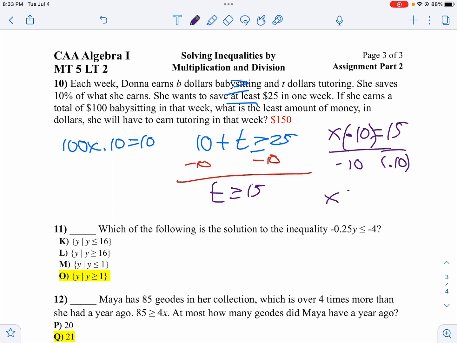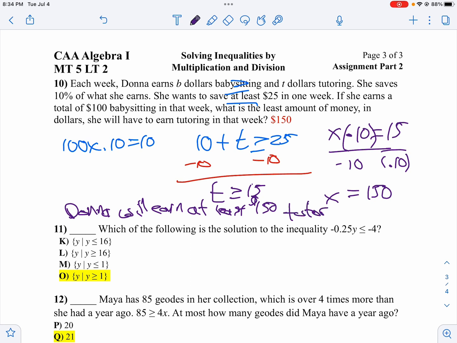So 15 divided by 0.10 is 150. So Donna will earn at least $150 tutoring. Write your answer as a complete sentence.